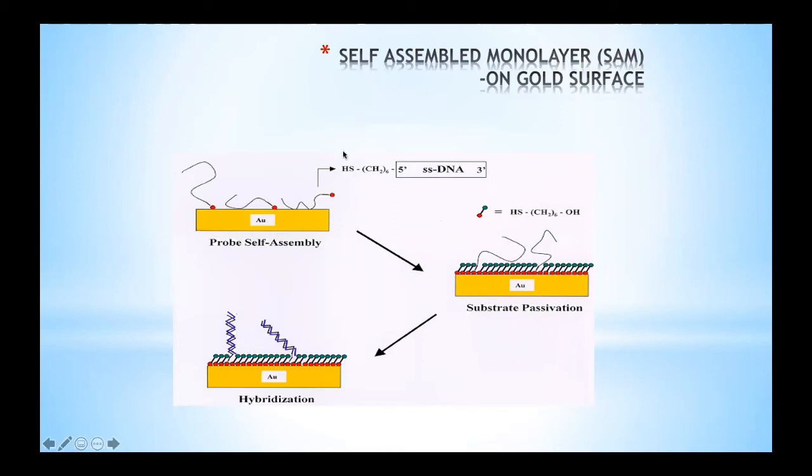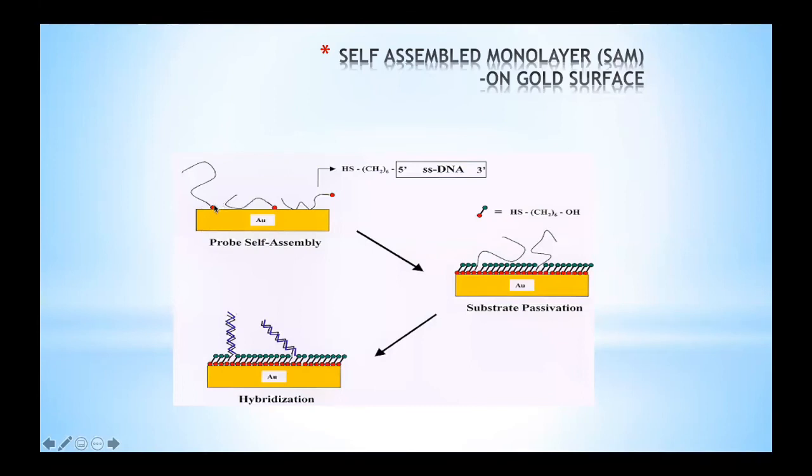So in this case, we can order thiolated DNA, so that we can easily do the self-assembled monolayer process on top of the gold surface. It is known that thiol has a very good affinity towards gold surface, where it can form pseudo-covalent bond.